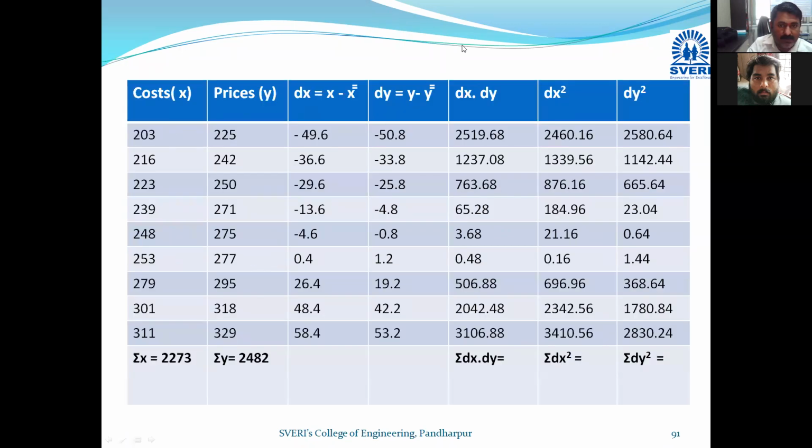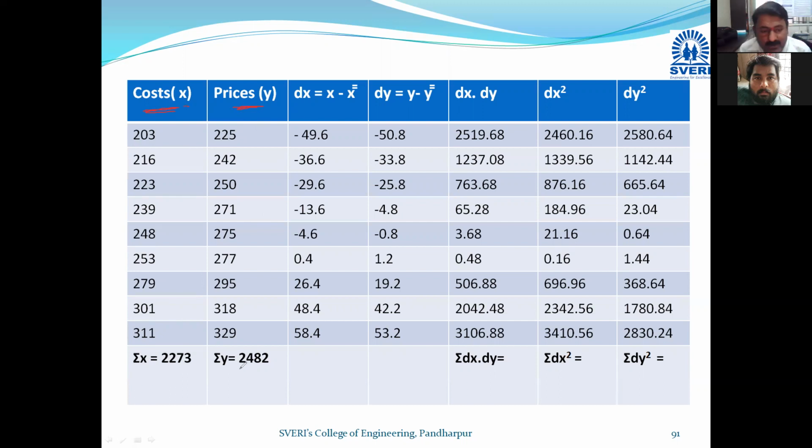You can see all the 9 years of cost values and price values are given. So it is X, it is Y. The summation of X is calculated, the summation of Y is calculated.